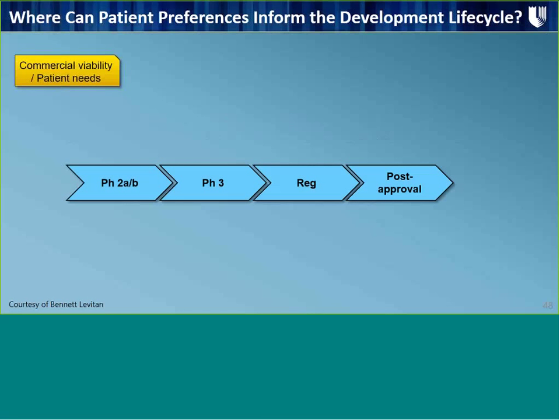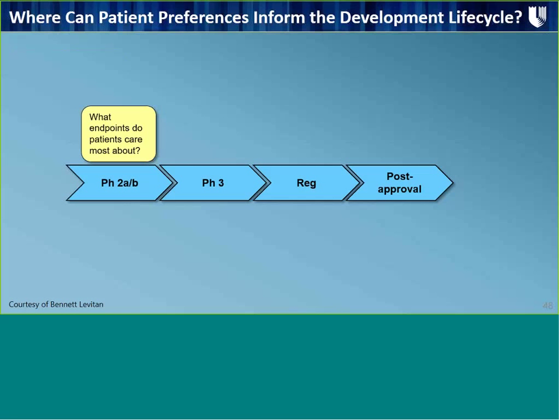So in early stage, patient preferences can be used to inform decisions regarding commercial viability, patient needs, unmet needs. And this is a prioritization use. In this case, you probably do not have to do a full-scale choice experiment, but could use perhaps a ranking approach just to identify the relative overall importance of things.